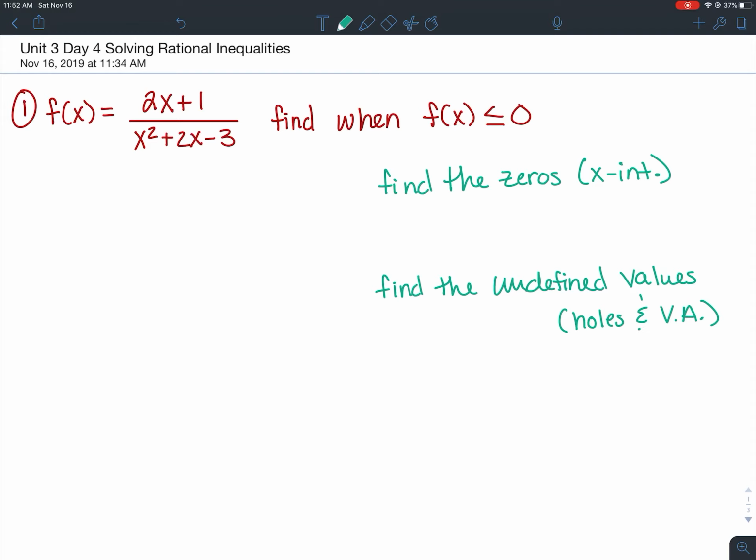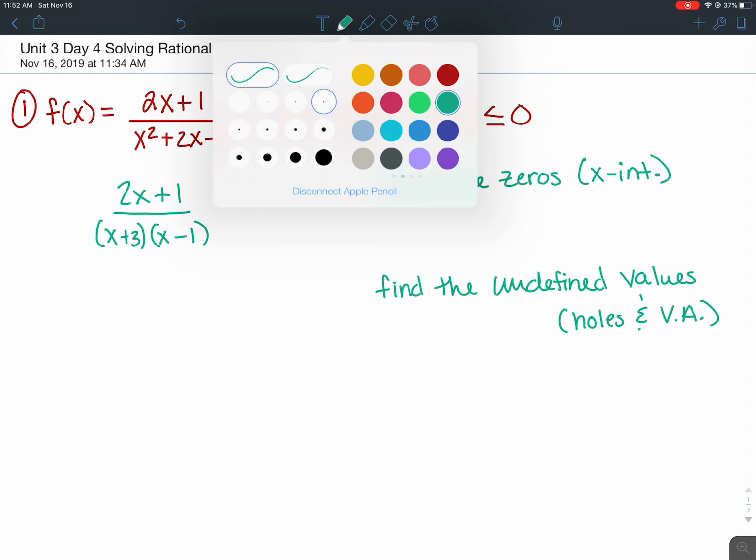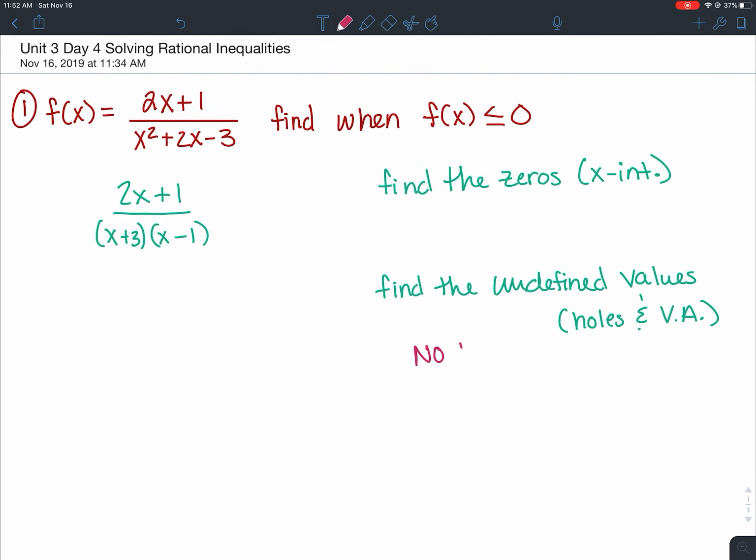So how do we find them? We need to factor our rational expression. The top doesn't factor, so it stays 2x plus 1. There's no GCF, there's nothing. The bottom does factor, so I get x plus 3 and x minus 1. So I don't have a hole, so I'm going to go ahead and say no holes.